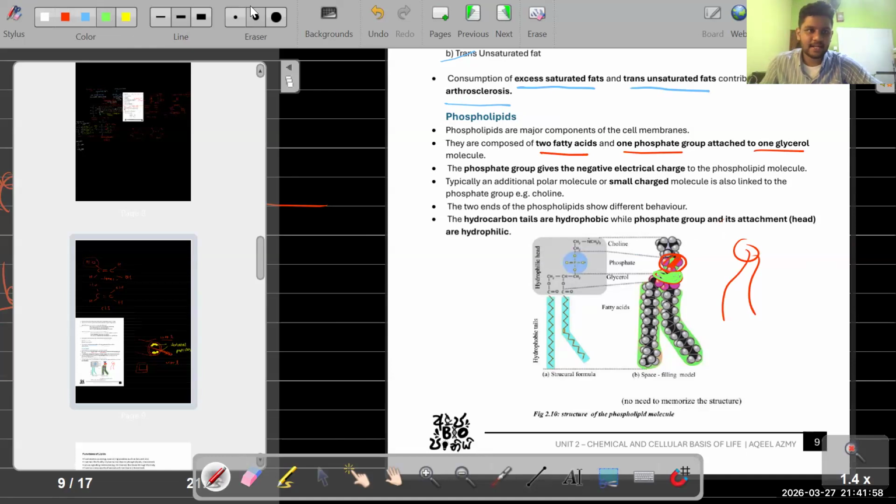And how many fatty acids are attached? I'll give fatty acids blue. Two fatty acids are attached, right? And there is an additional segment called choline upward. We learn about choline here. So simply you should understand that two fatty acids are present, and one phosphate group is present attached to one glycerol molecule. Is the second point clear to you?